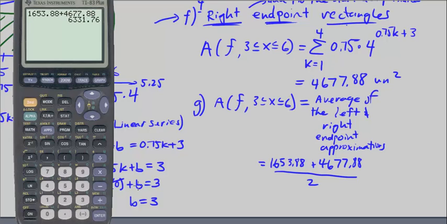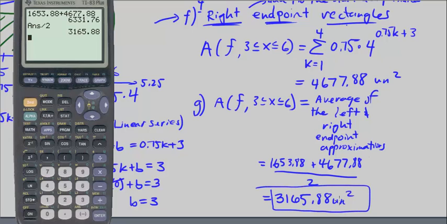I'm going to put equals now, because if I put this over 2, it's just going to put the right number over 2. So now I'm going to divide that sum by 2, and it's going to give me the best approximation of the area, which is 3,165.88 units squared. I'm abbreviating units with UN, and that is the best approximation of the area given our left and right endpoint expressions.